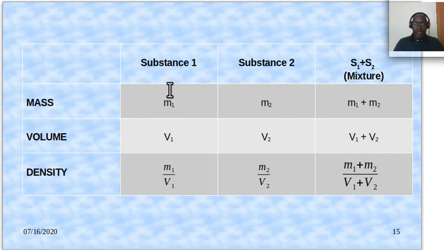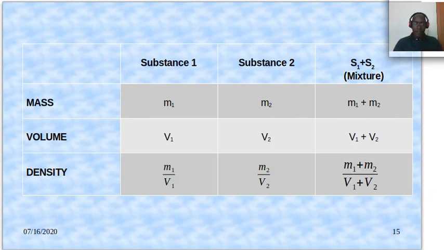So we can see that if you have two substances with the masses M1, M2, and the volumes V1 and V2, we easily get the mass and the volume of the mixture, by saying that the mass is the sum of the individual masses and the volume is the sum of the volumes of the individual substances. And then you must remember that the density of the mixture will be given by the mass of the mixture divided by the volume of the mixture.